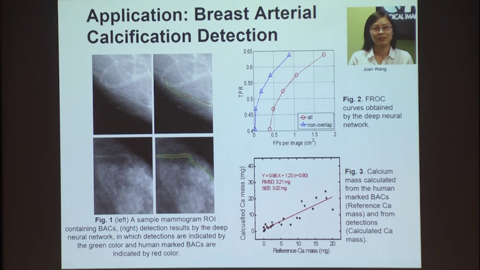But just as an example, here we're looking at mammograms, X-rays of the breast to detect breast cancer. Here, but we're not detecting breast cancers. We're looking at the vascularization of the breast and detecting calcium. So if you have a high level of calcium, it's a potential sign of heart disease, right? Calcification of blood vessels.